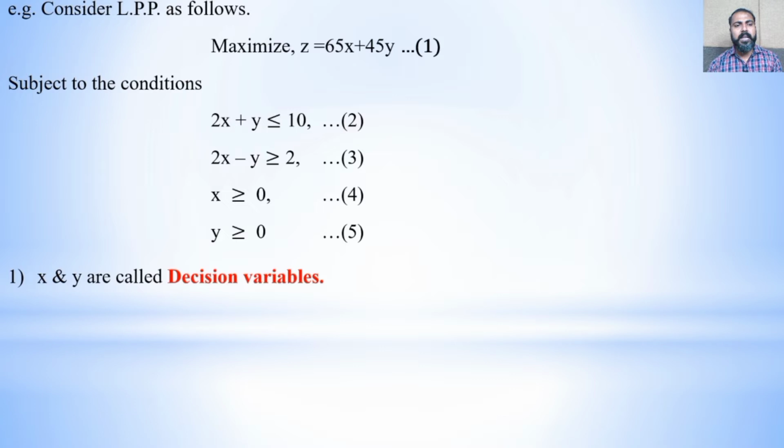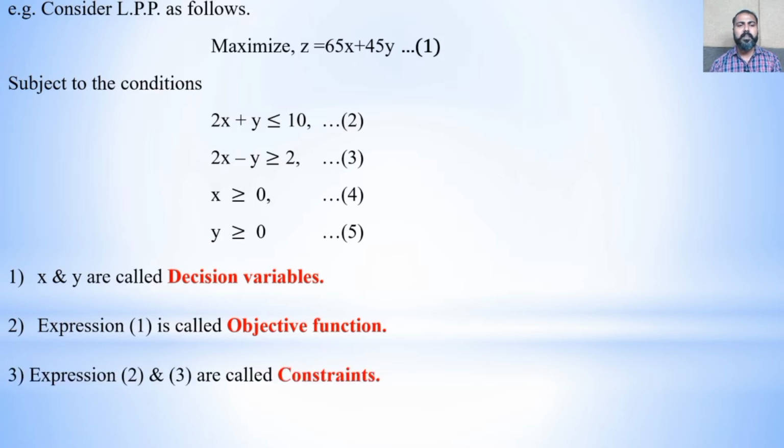In the above LPP, x and y are called decision variables. The expression 1, that is z = 65x + 45y, is called the objective function.